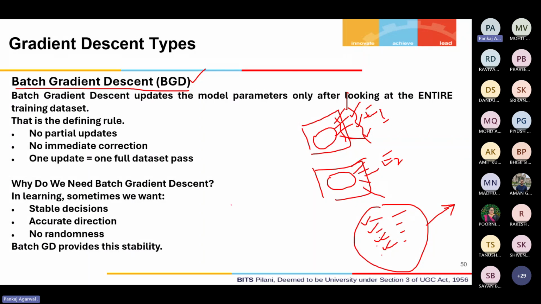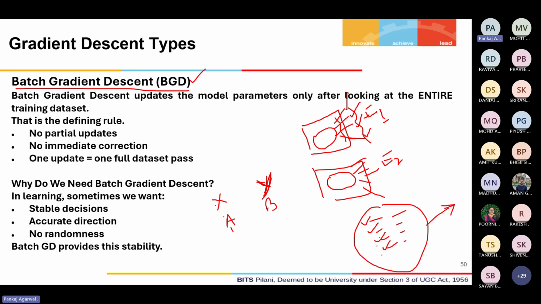I'll explain. I'll give you a more suitable example. Suppose there is a data point x, and this is the y, right? So when we talk about stochastic, how is it a little different? Understand this. There must be some values, maybe a and b, right?